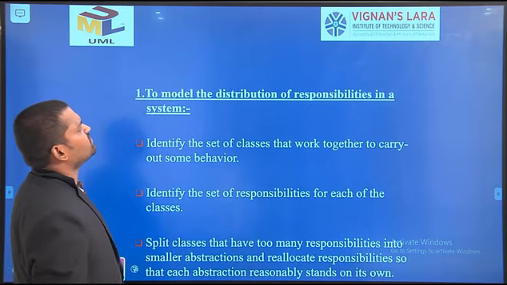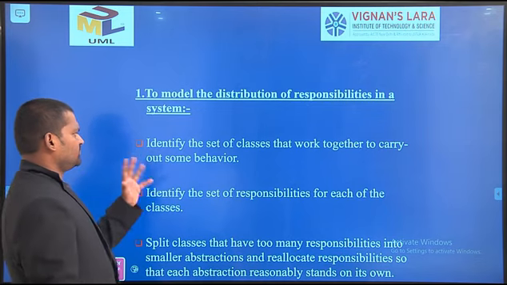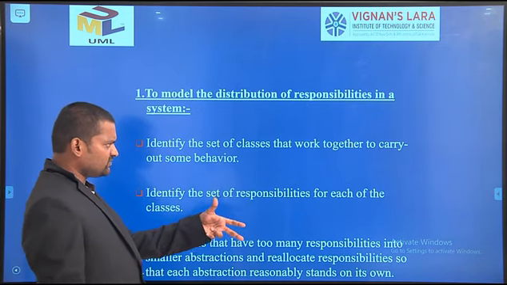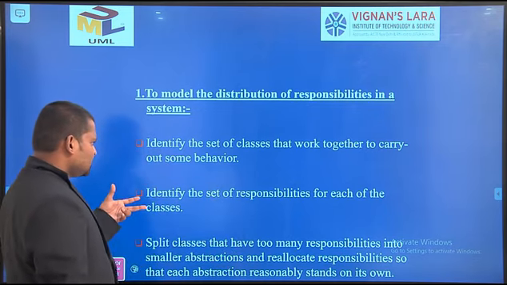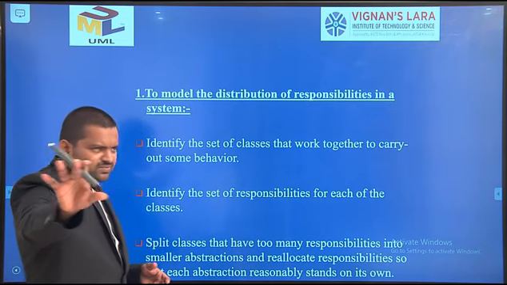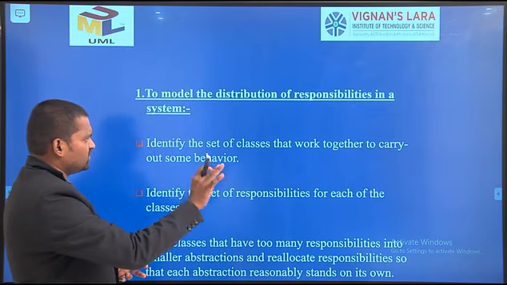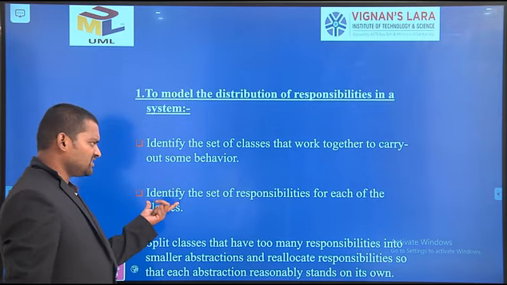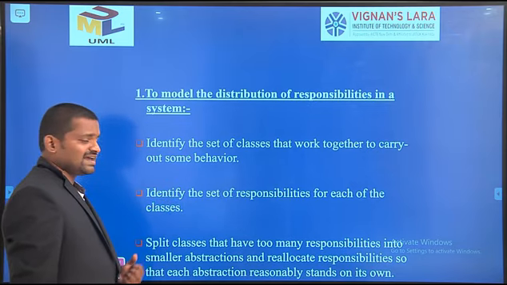To model the distribution of responsibilities, what will we do? Identify the set of classes that work together to carry out some behavior. Identify the set of responsibilities for each of the classes.